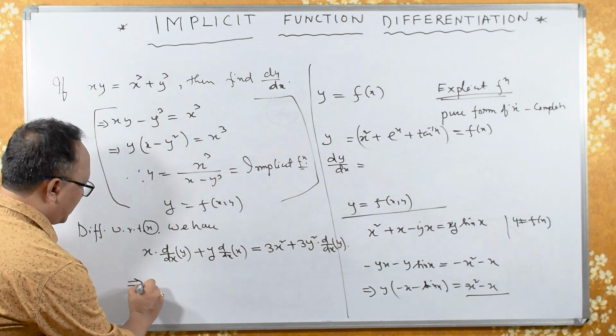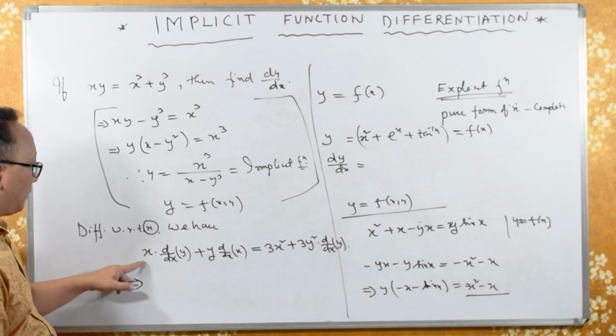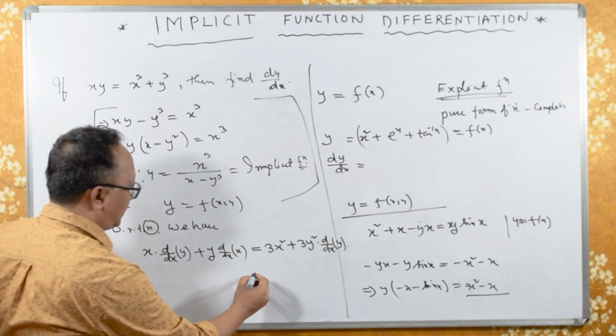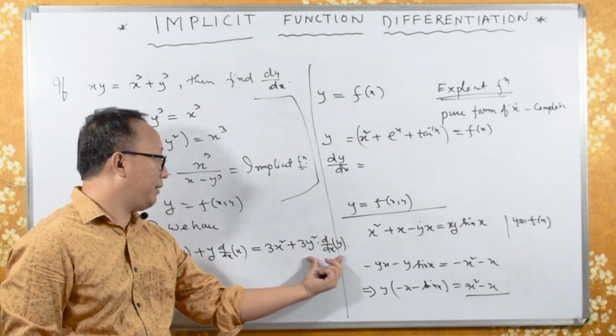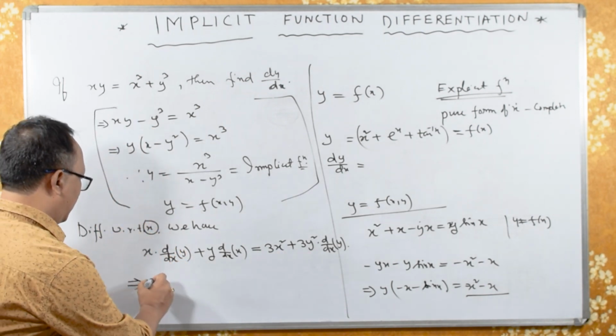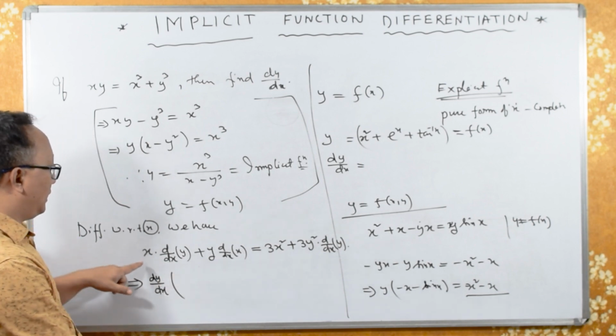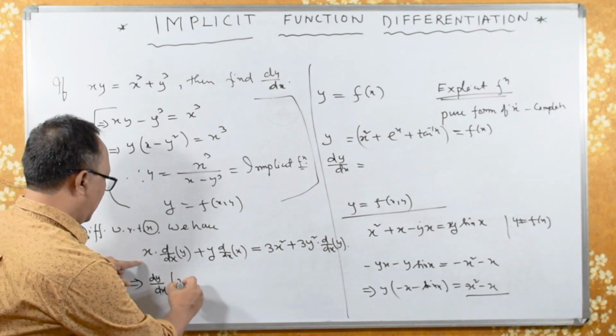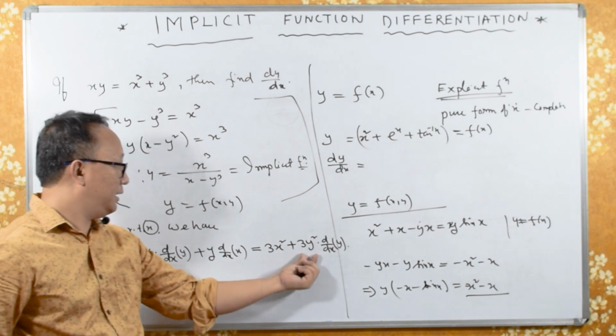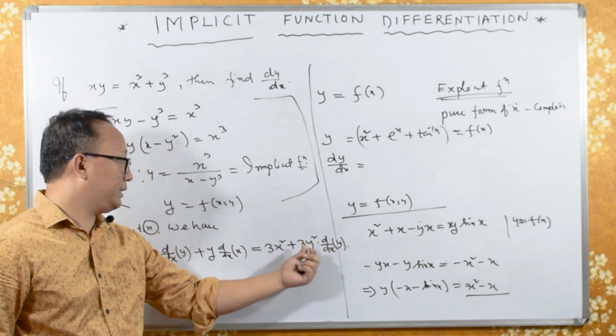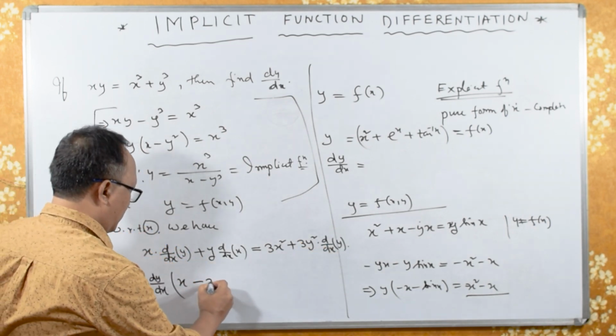Now this implies x into dy by dx. Here if I collect dy by dx, I can write dy by dx times, taking x common here, x minus, this term will come, dy by dx minus 3y square.